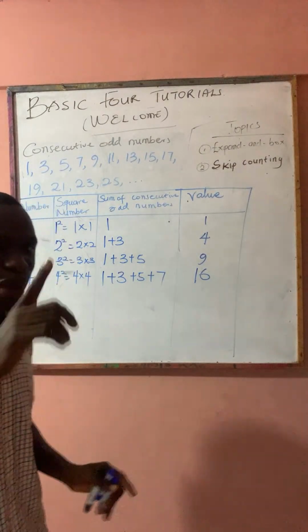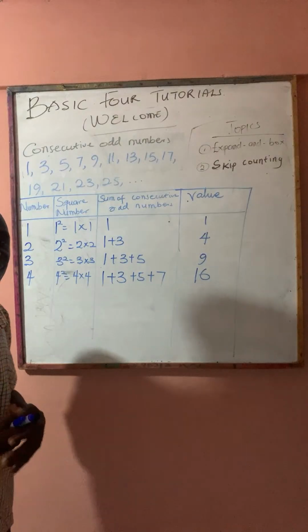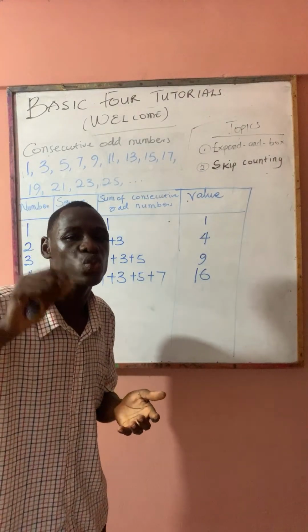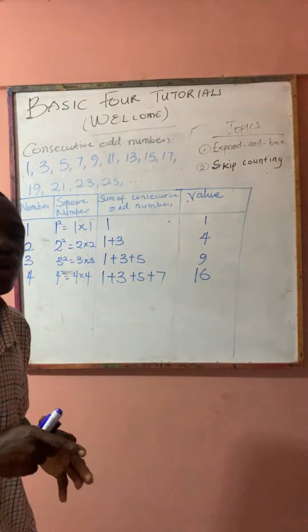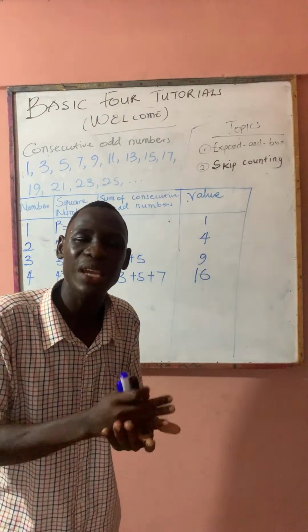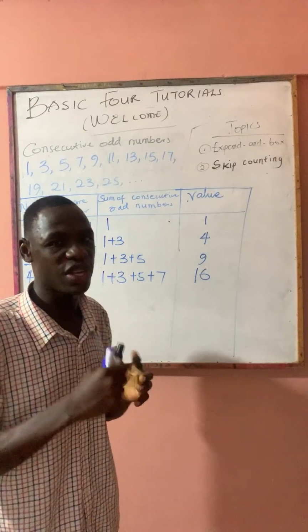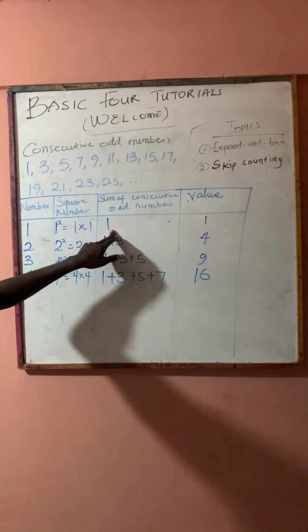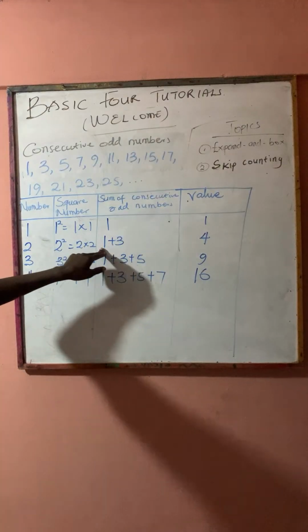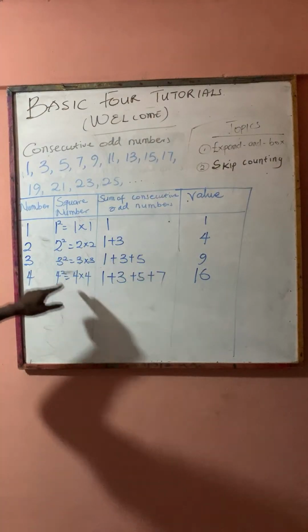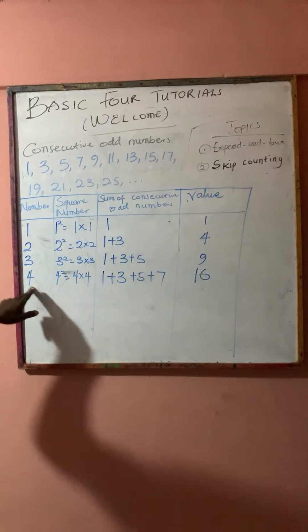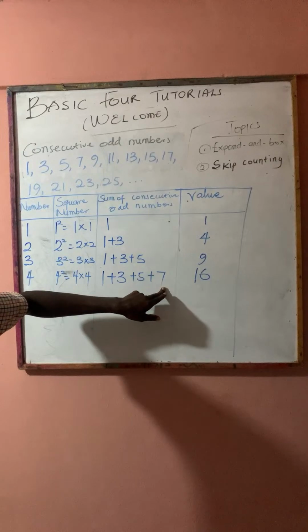Let me take it again. If you are squaring a number, the number that is being squared will tell you how many of the first odd numbers to add to give you the value. So when we are squaring 1, we use the first odd number. When we are squaring 2, we use the first 2 odd numbers. When we are squaring 3, we use the first 3 odd numbers. When you square 4, you use the first 4 odd numbers.